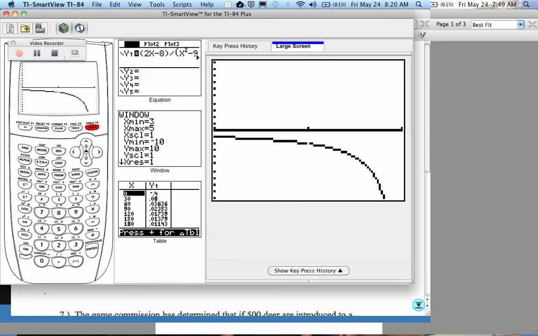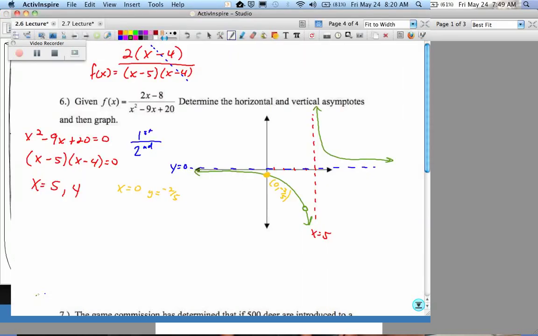But when you graph it, I'm just putting it in there. According to my graph, my green line should have been more up there. But what I will be looking for on the graph is that you recognize, even though there are 2 restrictions on the domain, one of them is a vertical asymptote, one of them is a hole. And then you can draw it in.